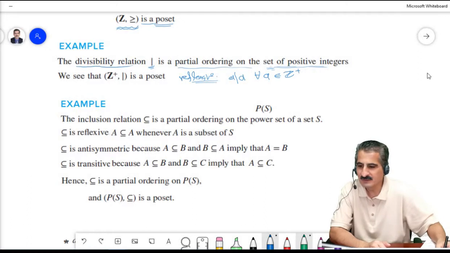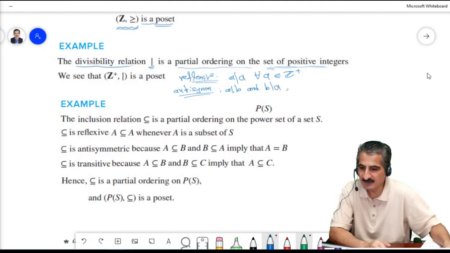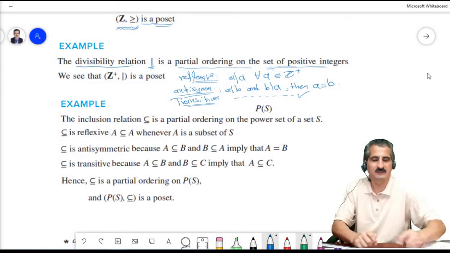Good. Antisymmetric. If A divides B and B divides A, then for sure A and B are the same. Transitive. Actually, I was planning to leave all of these properties to you, and then you prove it is indeed transitive.